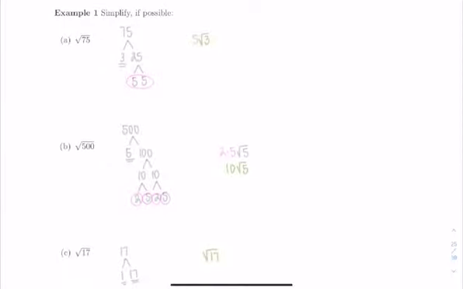So we're going to visit that factor tree again. Let's look at 75. We can break this down into 3 and 25. And 25 can be broken down into 5 and 5.